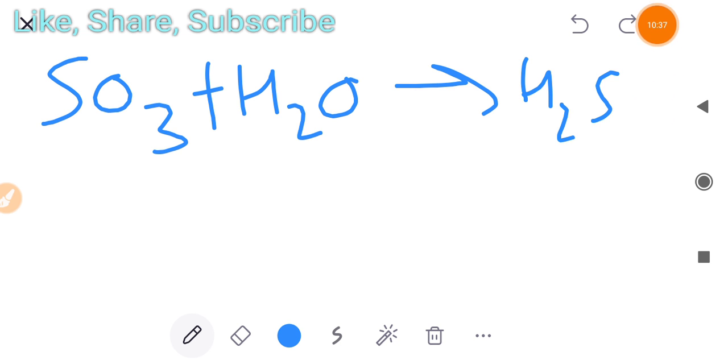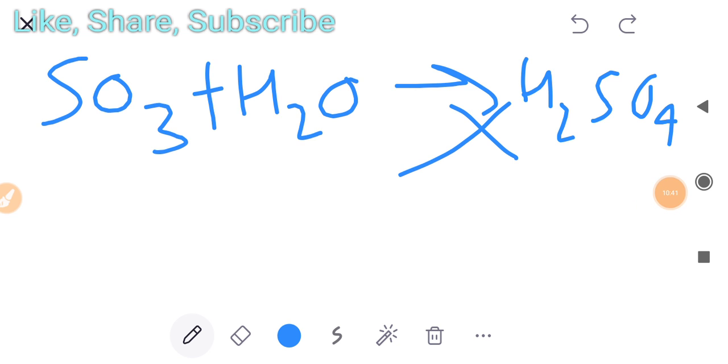We cannot do it directly, writing SO3 plus H2O forming H2SO4, because it is a highly exothermic reaction. So we take it as a stepwise process.